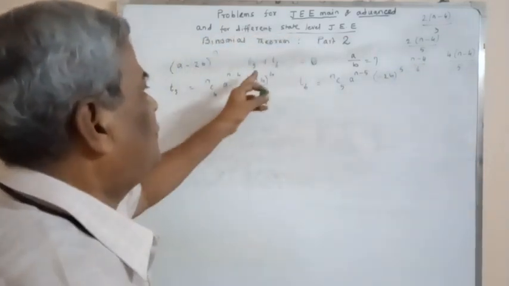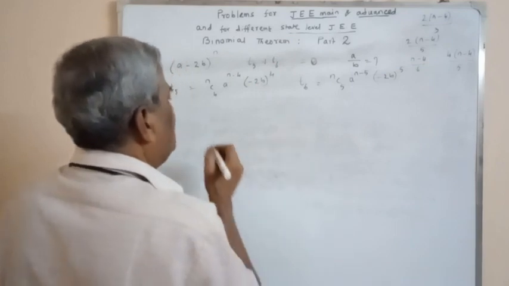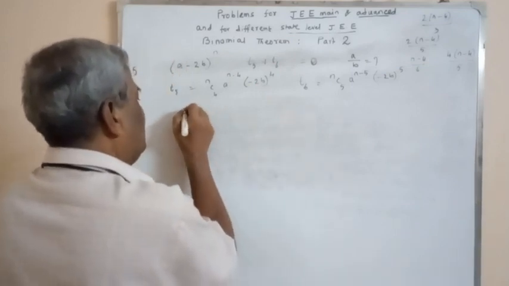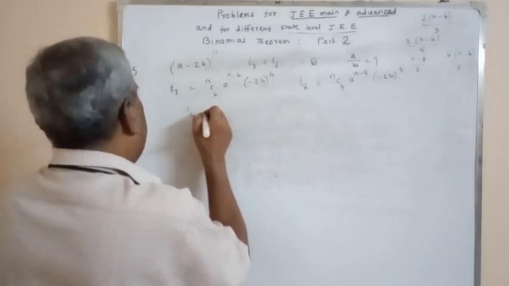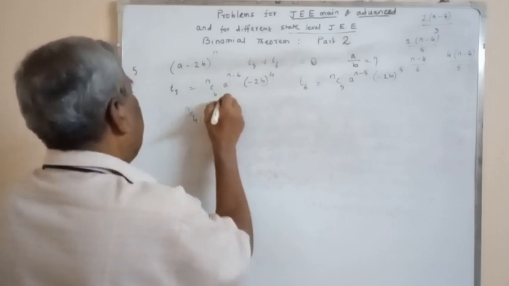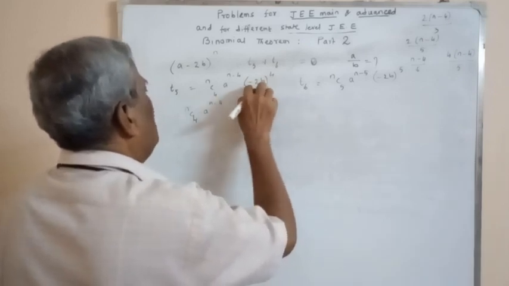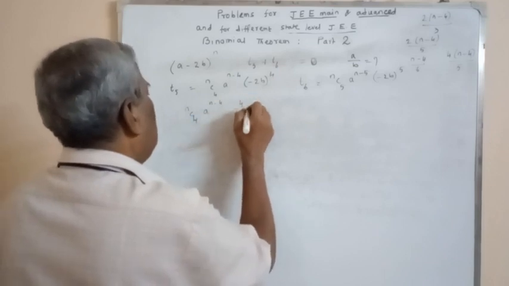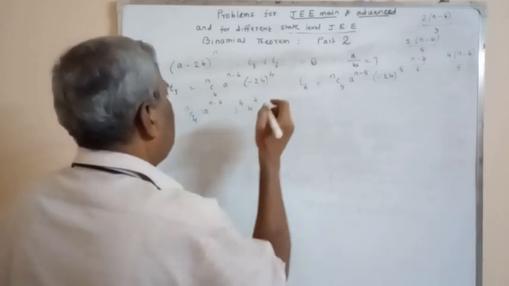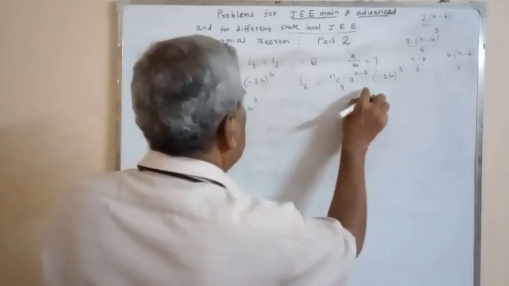So from our given condition T5 plus T6 is equal to 0, we must have nC4 a to the power n minus 4, and actually you see this is positive, minus to the power 4, so 2 to the power 4 b to the power 4 plus this one.